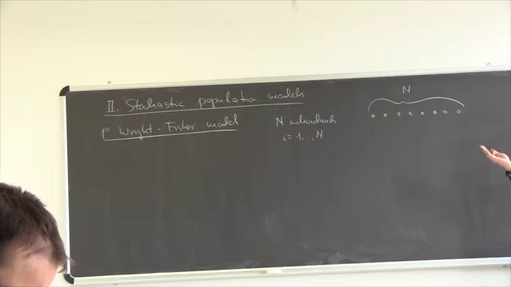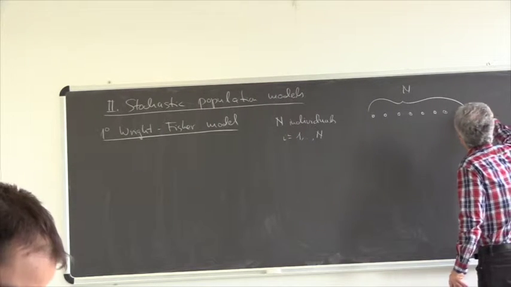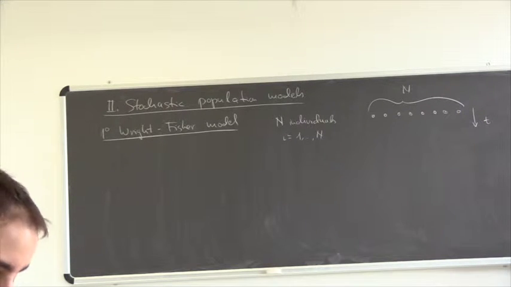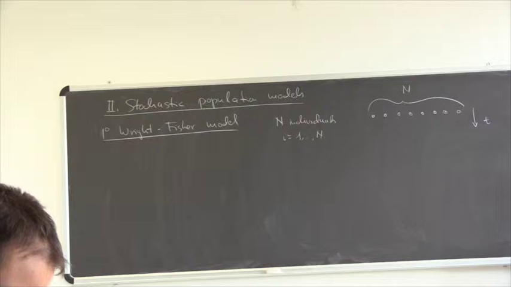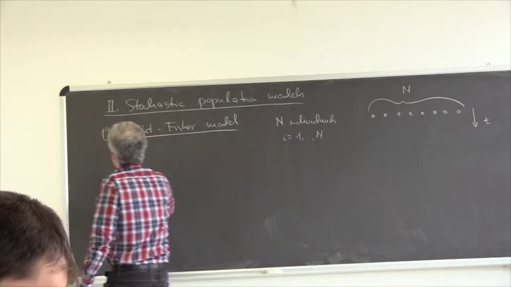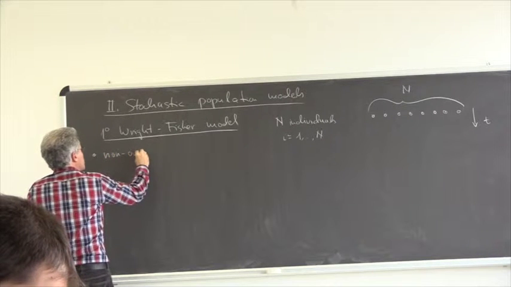And they have some types. They could all have different types, or there could be several of them with the same type. That doesn't really matter. And then we have a time, right? So time goes downwards. In the Wright-Fisher model, this is what is called a model of non-overlapping generations.